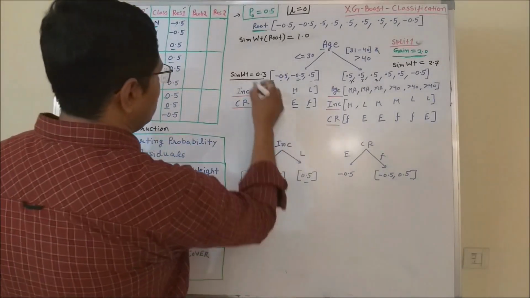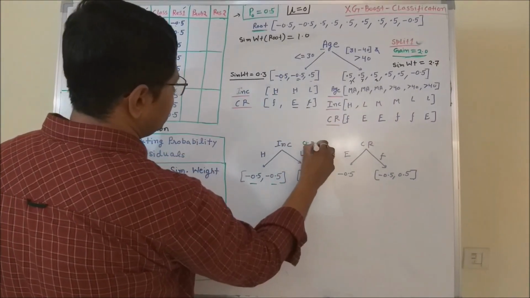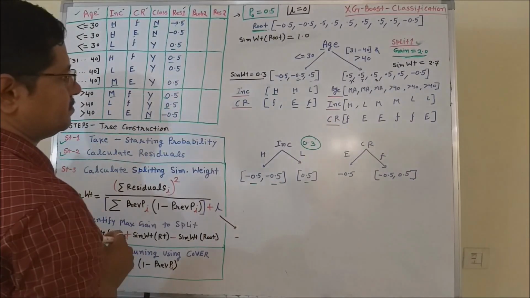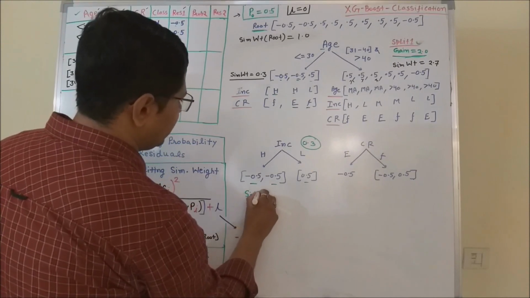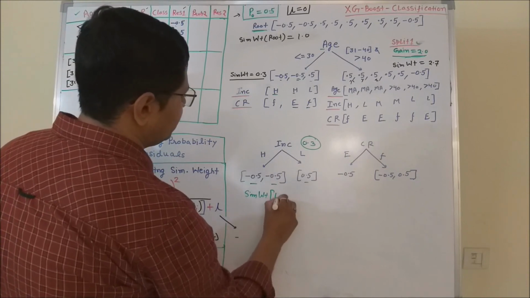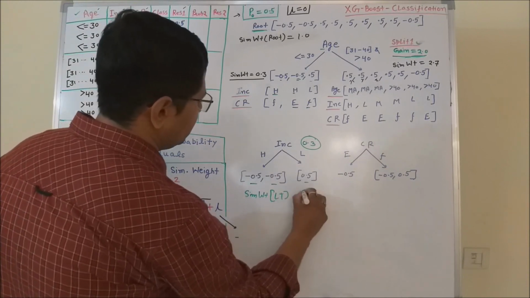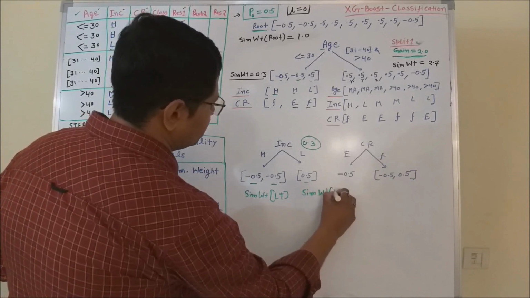Now, the similarity weight for the root is 0.3, that is already computed. So we have to compute the similarity weight for the left subtree and the similarity weight for the right subtree.